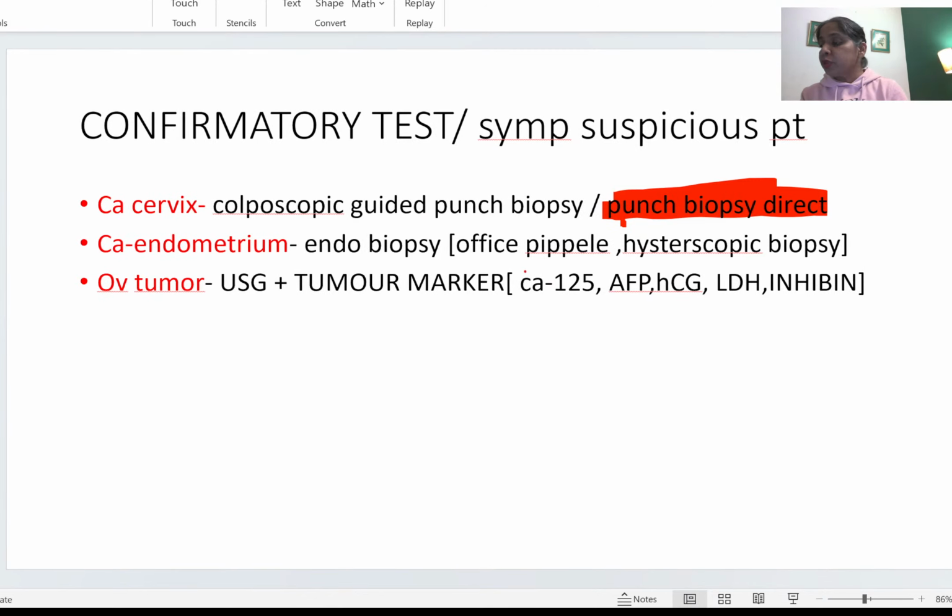If you are able to see the lesion, the test is punch biopsy. But if you are not able to see the lesion, then you will see it on the cervix with the help of the colposcope, which we will discuss next.